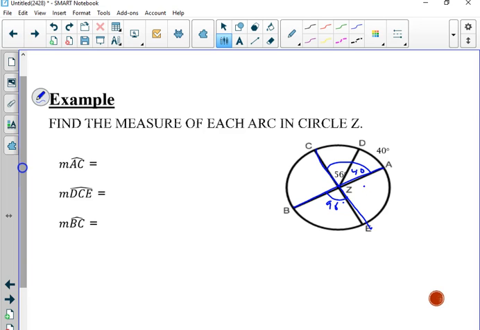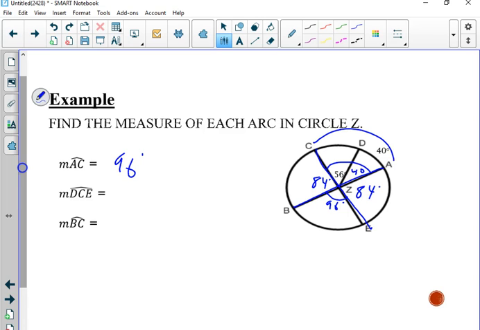So that makes this and this, which are also vertical angles, 84 each. 180 minus 96. Now, the measure of AC, 40 plus 56, 96 degrees.